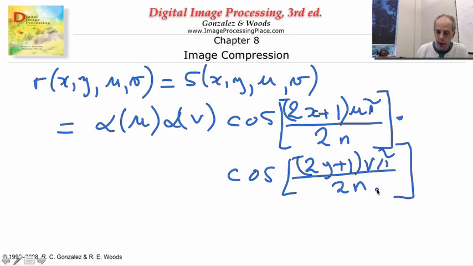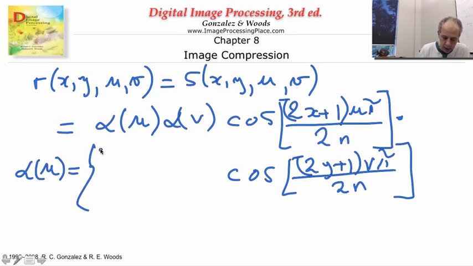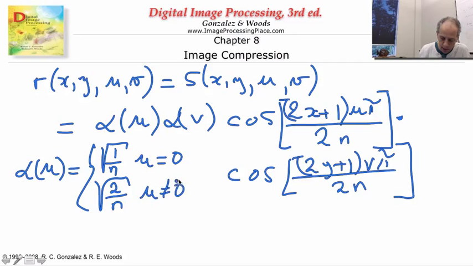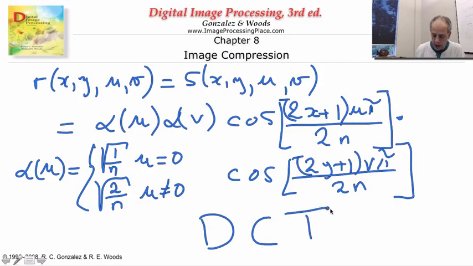That's the general formulation, and I have to basically write for you what alpha is. It's just a normalization. It's very common in this type of transforms. That's the square root of 1 over n for u equals 0, and the square root of 2 over n for u different than 0. So here it is. I just gave you the formulas for DCT, or the discrete cosine transform.